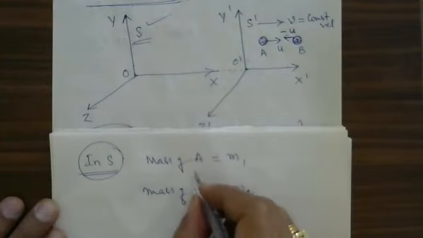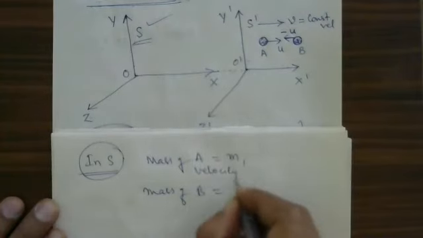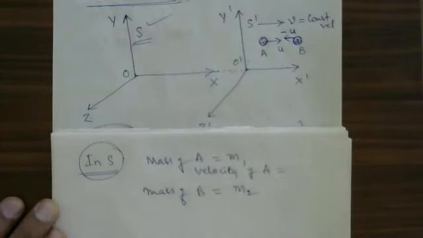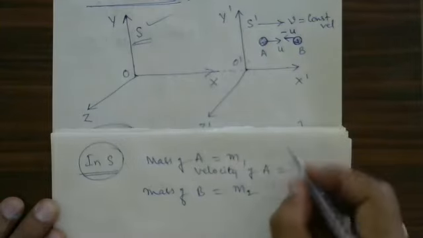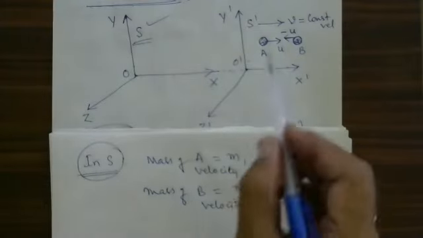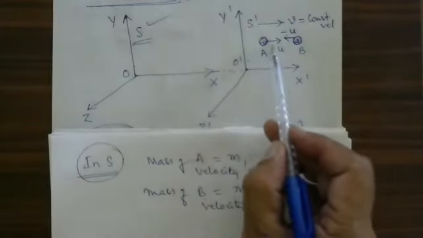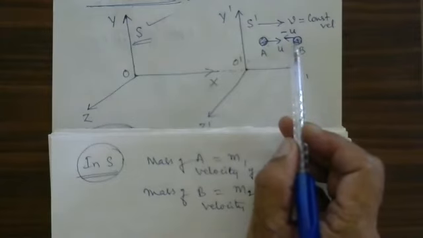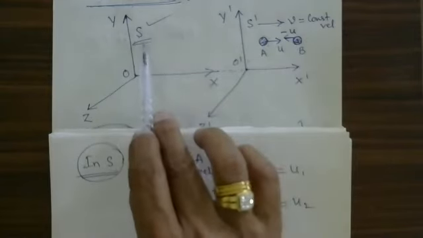And I will consider the velocity of A, that is equal to U1. Velocity of B is equal to U2. U1 is the velocity of one body, and U2 is the velocity of the other body with respect to the S frame.